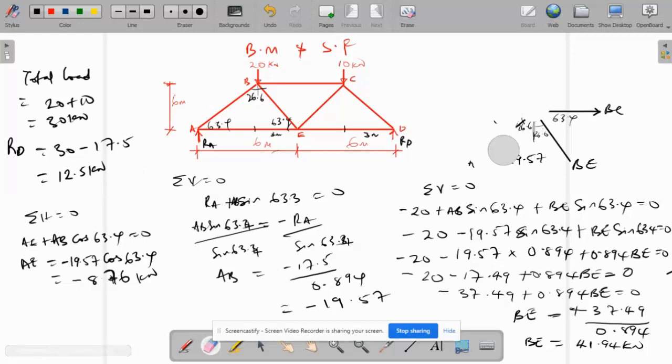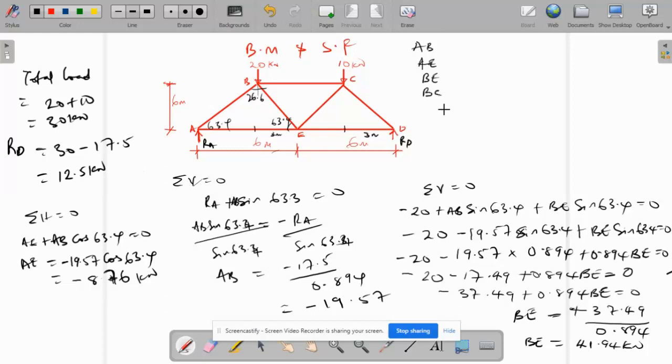We need to have AB, AE, BE, and also BC, CD or DC, and DE.